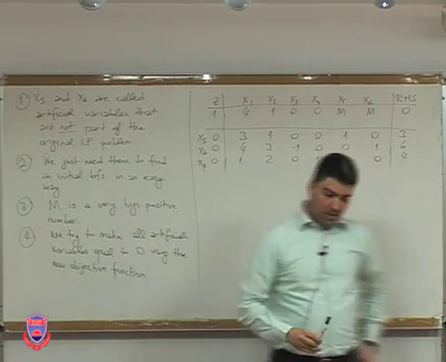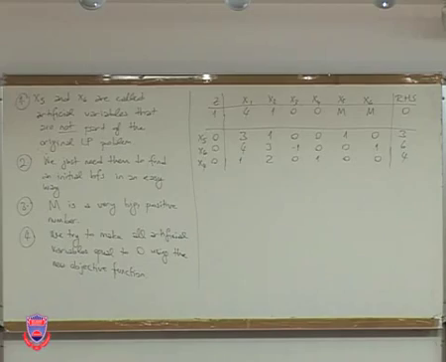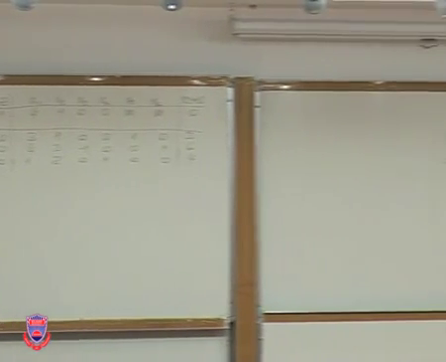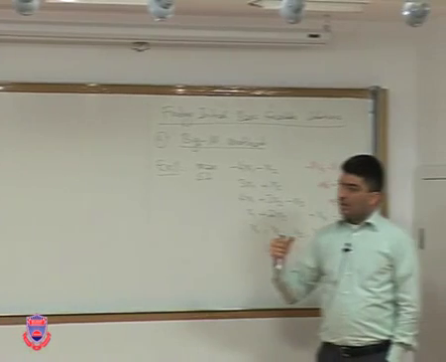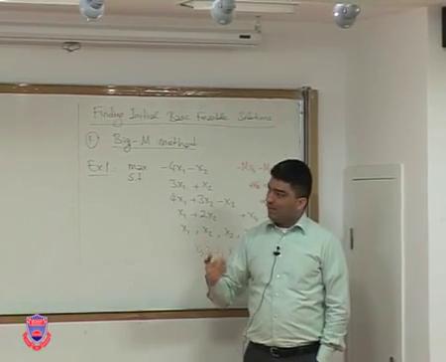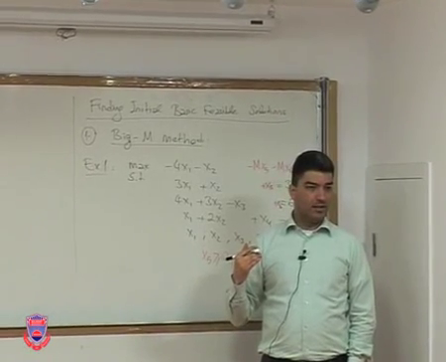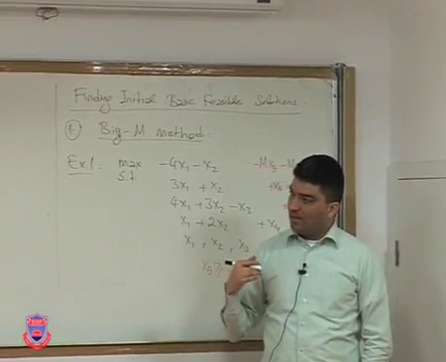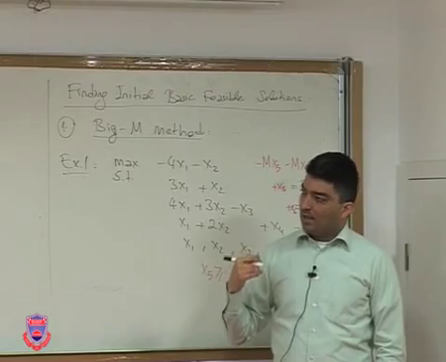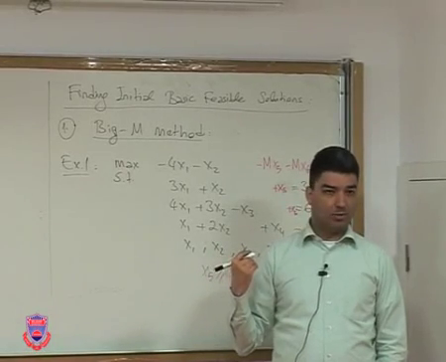Please pay attention. Before I start the simplex method, there's one thing that I need to take care of in this solution. So remember, in the simplex tableau, whenever I have a basic variable, its row 0 coefficient is always equal to 0.